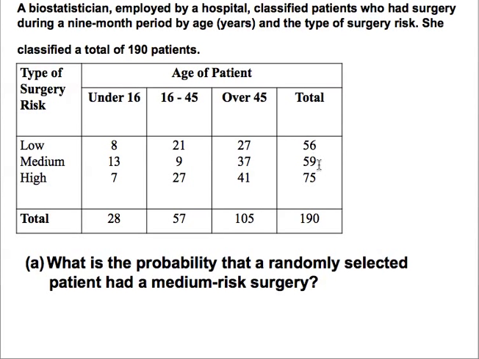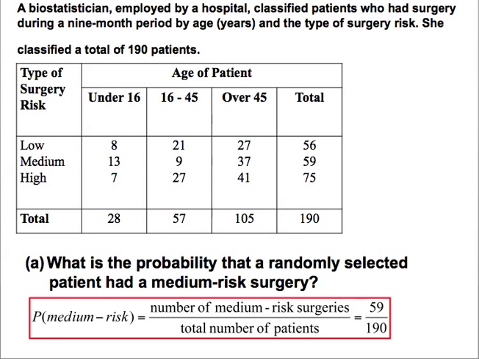From the table, we can see that it will be 59 medium risk surgeries out of a total of 190 patients. So we're looking at all 190 patients, so our denominator is going to be 190. And we're looking for the events that are medium risk surgery, and that is 59. So the answer would be 59 over 190.